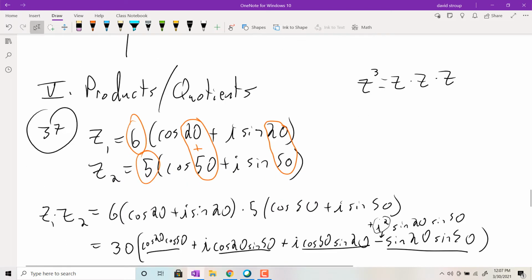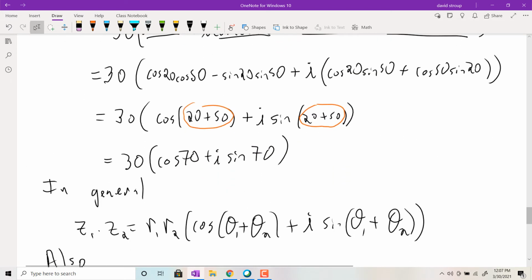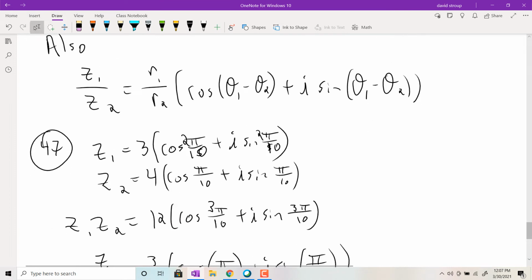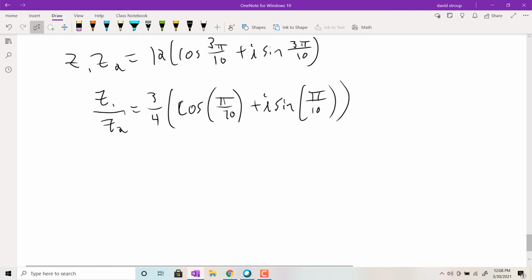Let me say that with an example. So part 6, we're looking at powers of complex numbers.